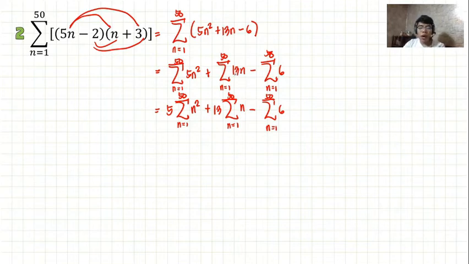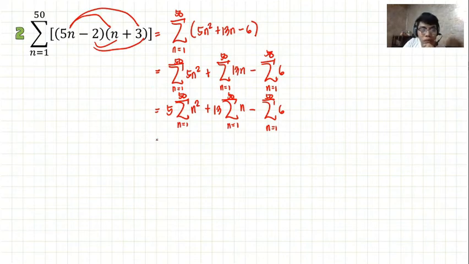So there. Now, we have formulas for n squared and n. Okay? So from our special formula, i lang yung ginamit. Okay? Variable lang naman yung i, so you can still use that one here. So for n squared, di ba yung formula is n times n plus 1 times 2n plus 1, all over 6, depending on your n.